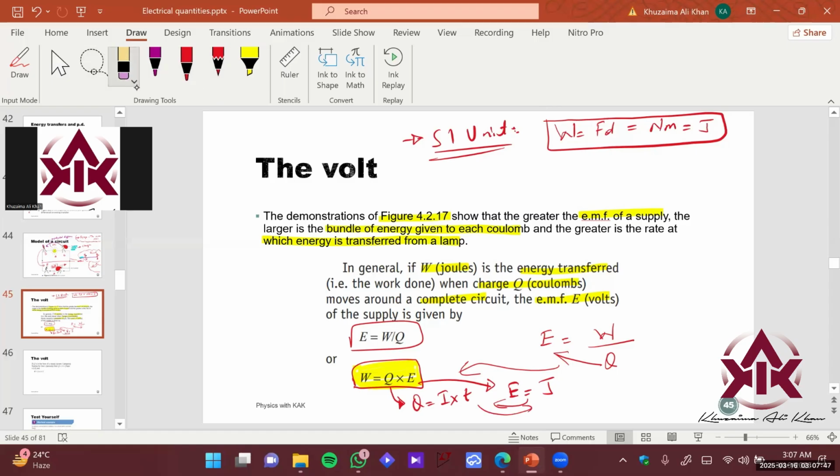So the unit for work done is joules. Okay, I guess I made a slight mistake here. E is basically the EMF, so it's in volts. I mixed it up with the energy. So work done is going to be coulombs times volts, right? And if you think about the volt definition, what was volt? It was energy per unit charge.